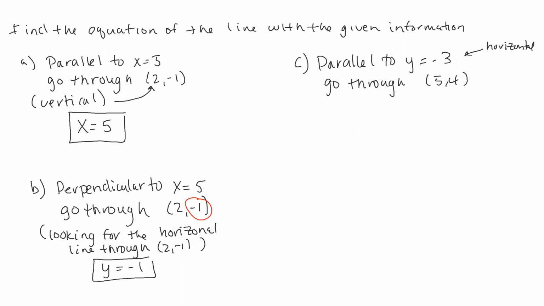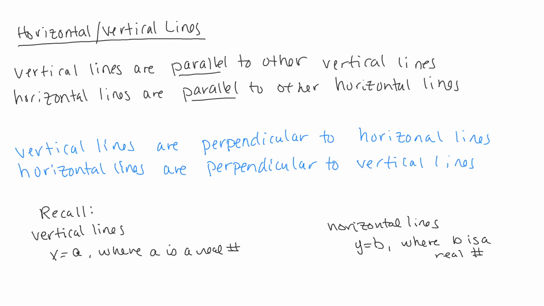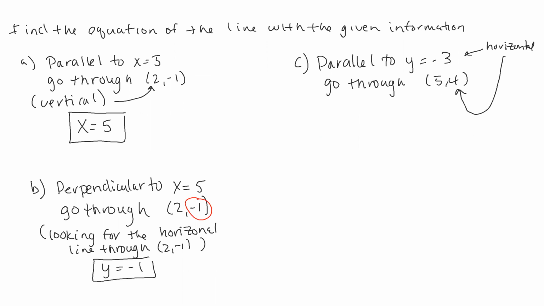I know it's horizontal because it has a y and it has to go through the y-axis. The only y value given is 4. And remember, parallel lines have the same slope. So if we go back one slide, we know that horizontal lines are parallel to other horizontal lines. So here I would just get the equation y equals 4.